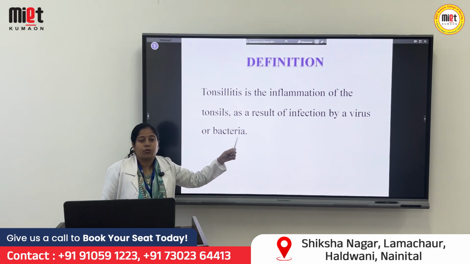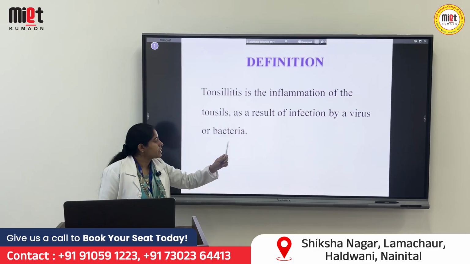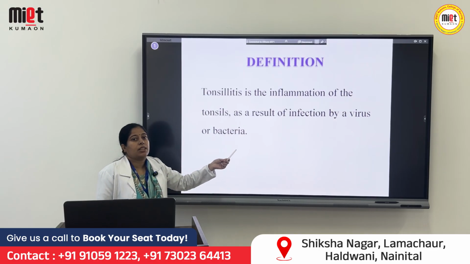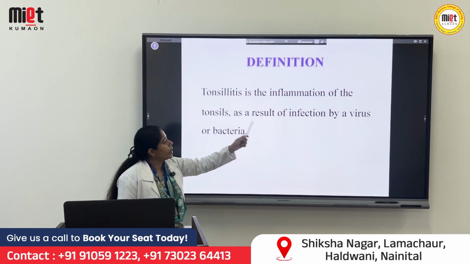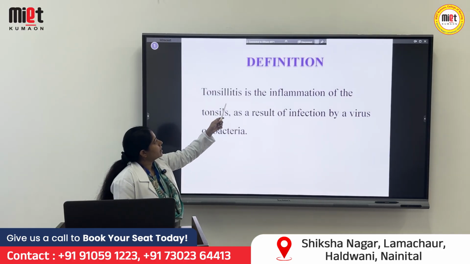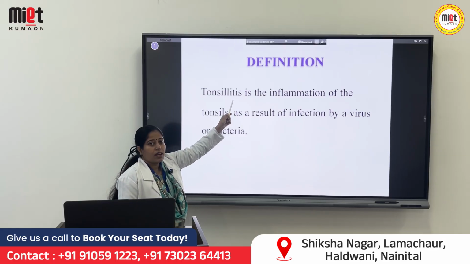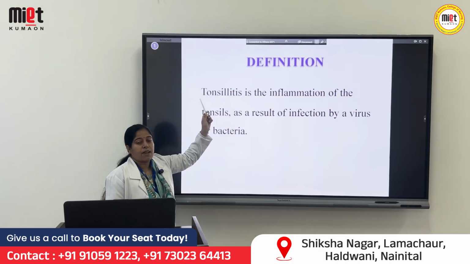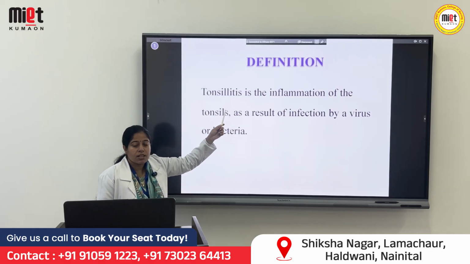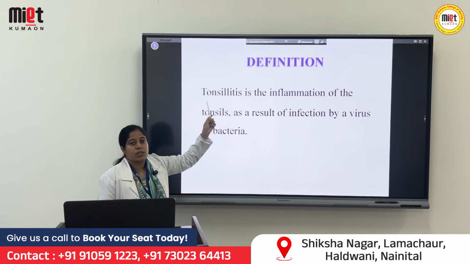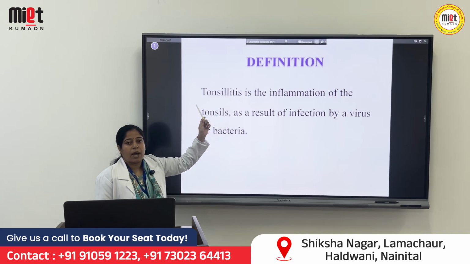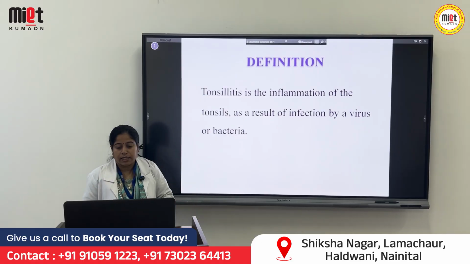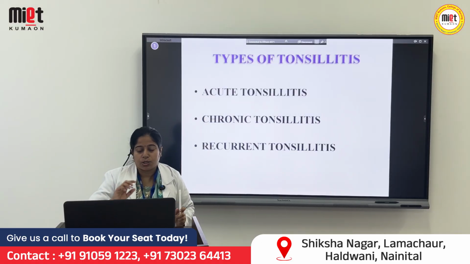I have mentioned influenza virus, rhinovirus, etc. Same here, the bacteria, staphylococcus, streptococcus, all these bacteria and viruses lead to tonsillitis, and itis is inflammation, medical term, and here tonsillitis means inflammation of the tonsils. I have said it is affecting the palatine tonsils, and you know what is palate and what is tonsils. It is located in the back of our throat. So inflammation due to the bacteria and virus. That is related to the definition of tonsillitis.